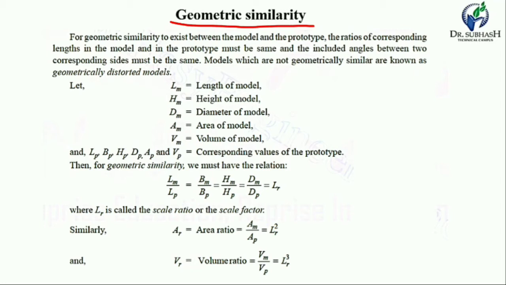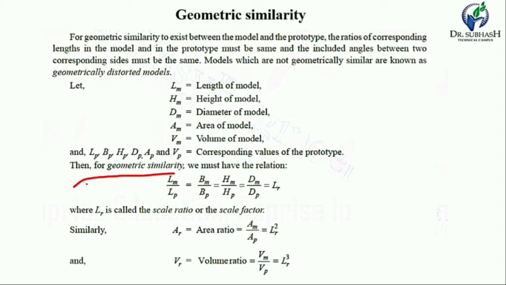Mathematically, we describe geometric similarity as follows. Lm is the length of the model, Hm is the height of the model, Dm is the diameter of the model, Am is the area of the model, and Vm is the volume of the model. Lp, Hp, Dp, Ap and Vp are the corresponding values of the prototype at the corresponding point.